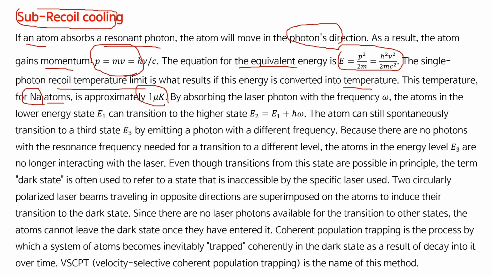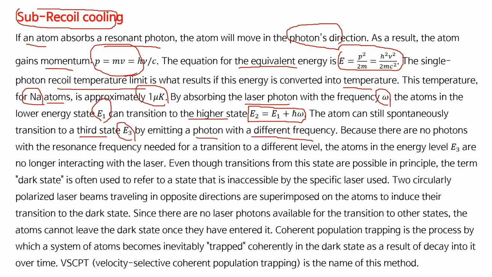By absorbing a laser photon with frequency omega, the atoms in the lower energy state E1 can transition to the higher state E2 equal to E1 plus h omega. The atom can still spontaneously transition to a third state E3 by emitting a photon with a different frequency.